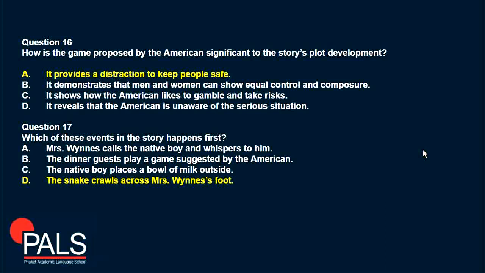A while back, I told you to take note of the sequence of events. It might be confusing that the situation of Mrs. Wynes was mentioned in the later part of the text, but you should take note that technically that happened first because the snake crawled across Mrs. Wynes' foot. That's why she called the boy to put some milk on the center of the veranda.